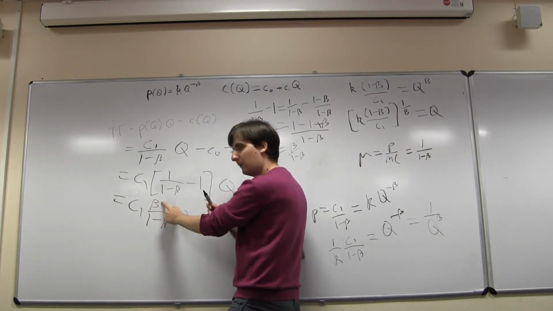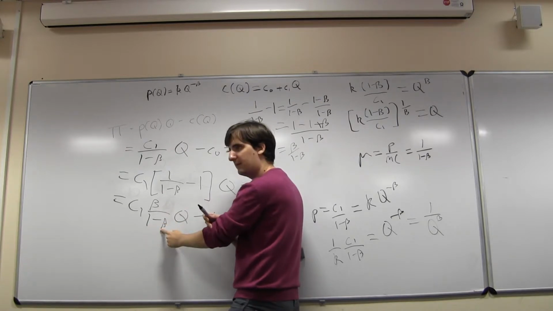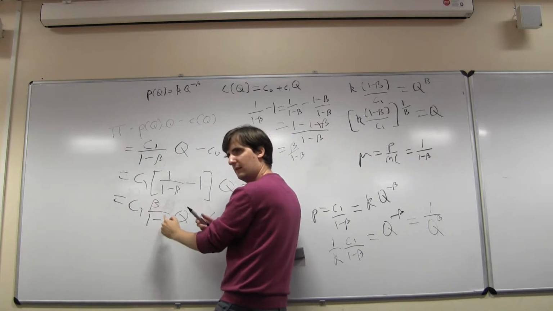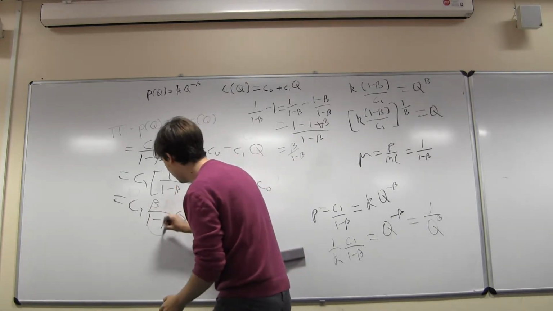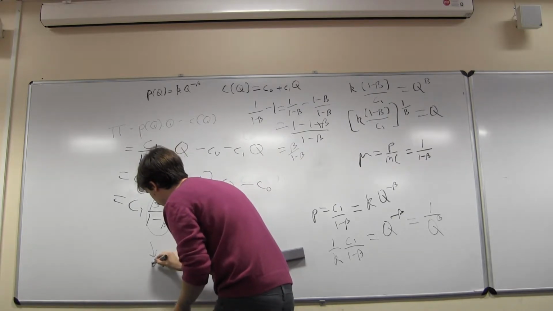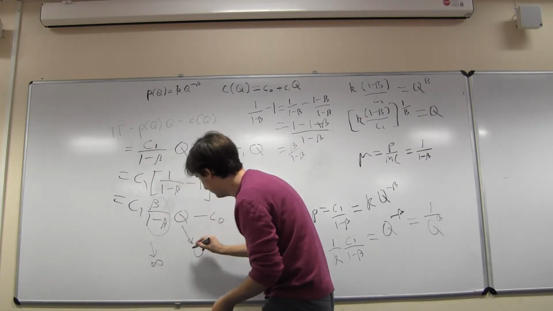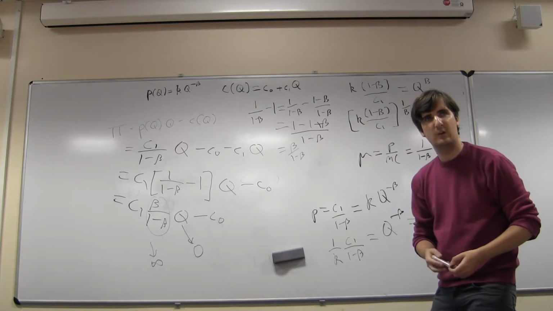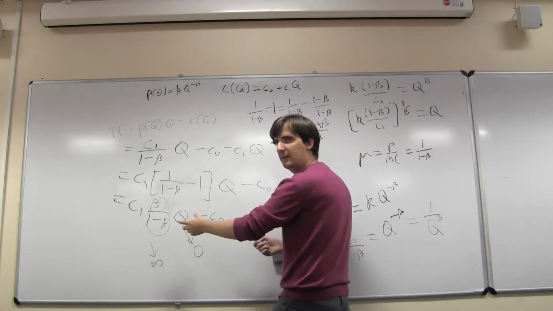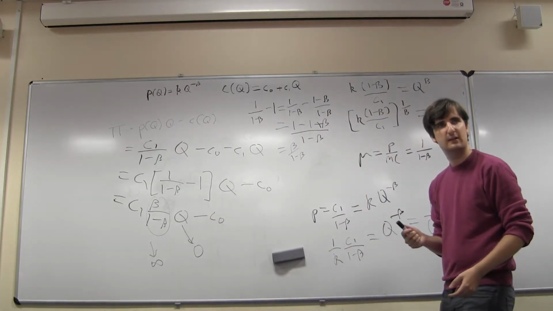So as beta goes towards 1, 1 minus beta is going to 0, so this thing is going to infinity. So you've got this thing which is going towards infinity, and this thing which is going towards 0. So it's not immediately obvious whether this is going to be increasing or decreasing as beta goes up.